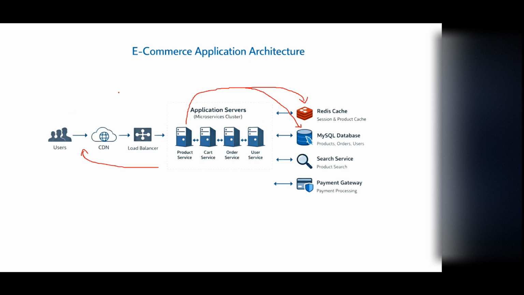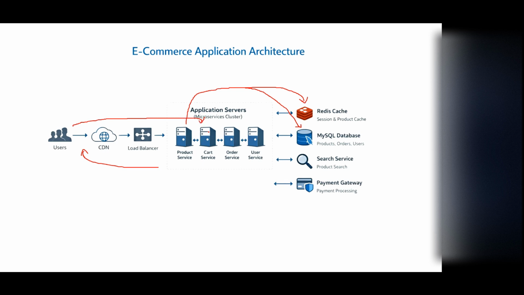Once we get that information from the database or from the redis cache, if the product is available, the user is going to select that product and click the add to cart button in his front end. Clicking add to cart automatically triggers the cart service.